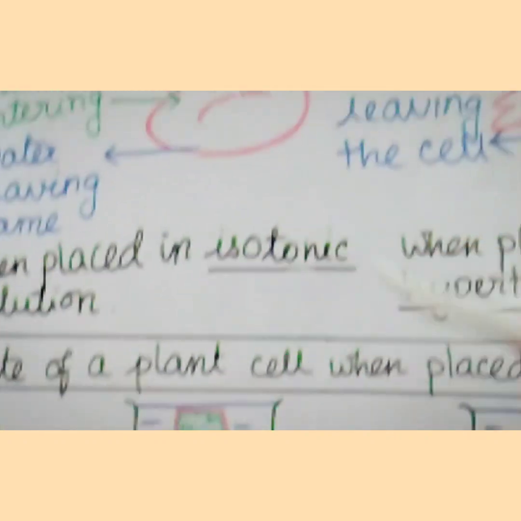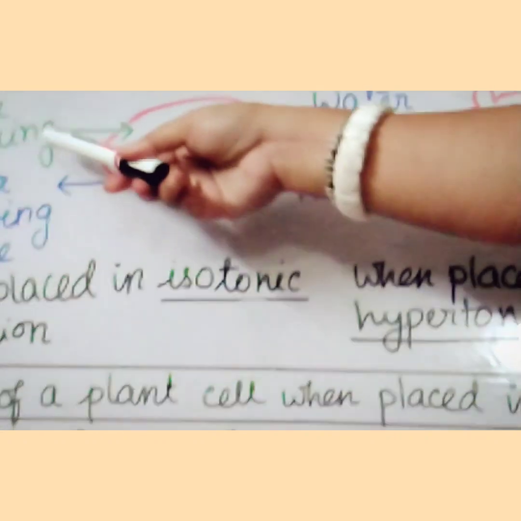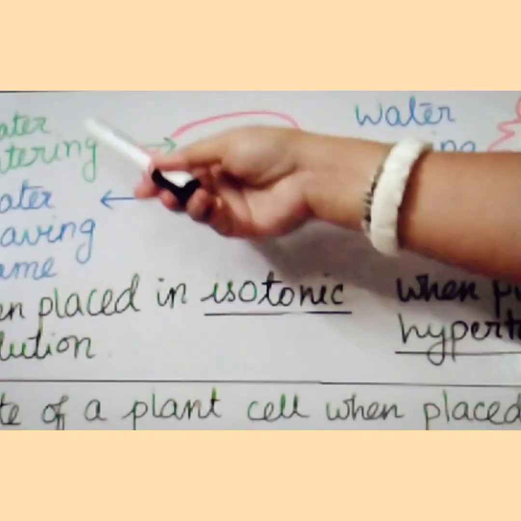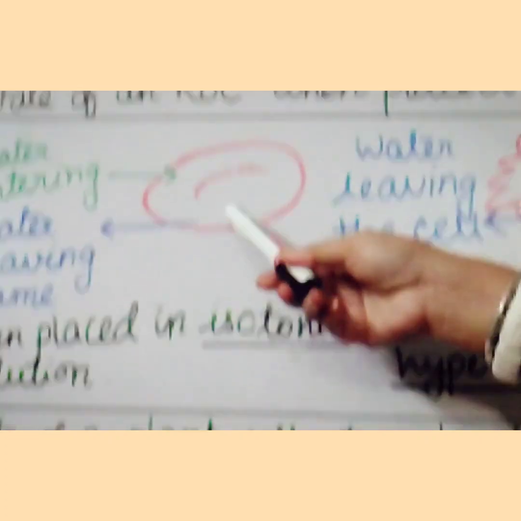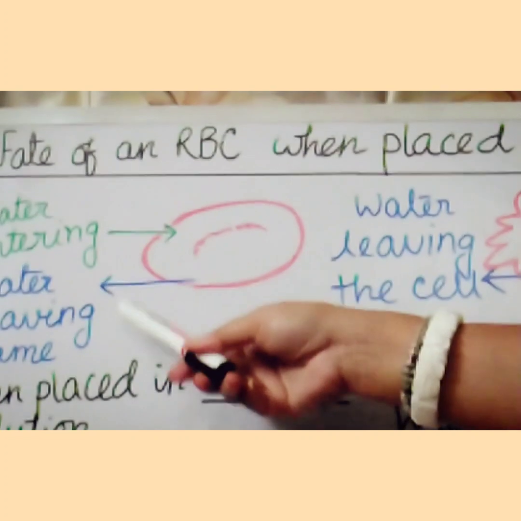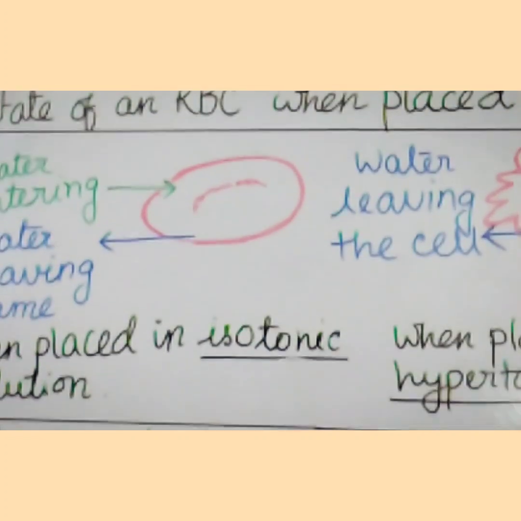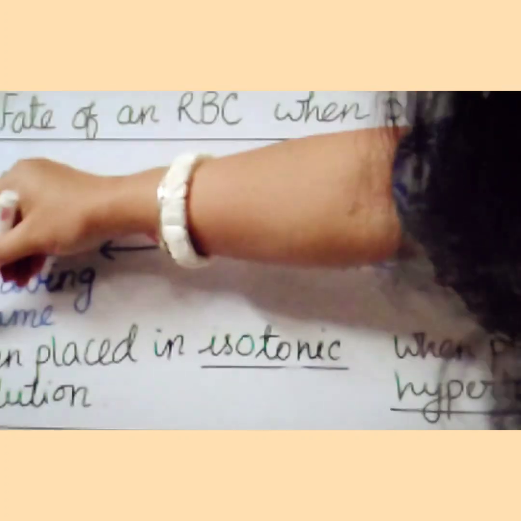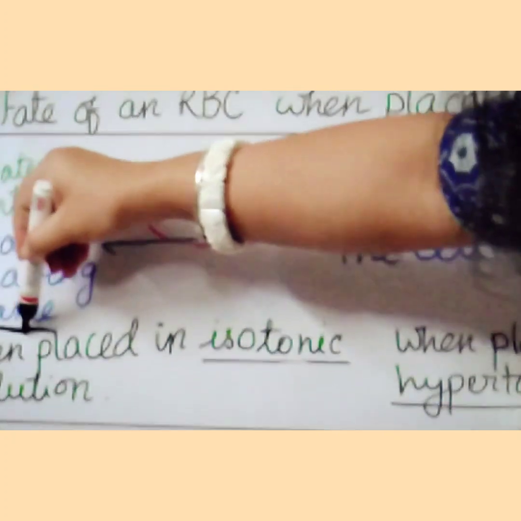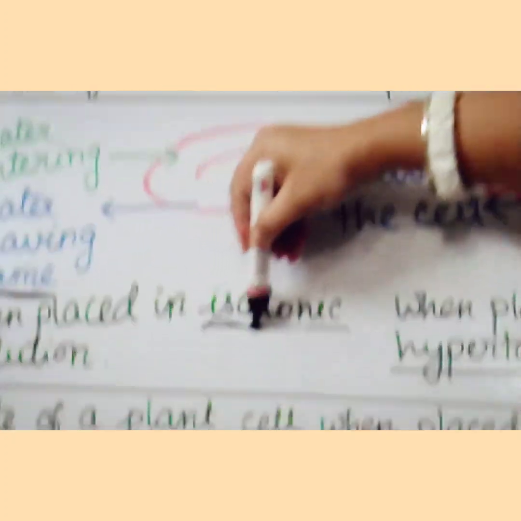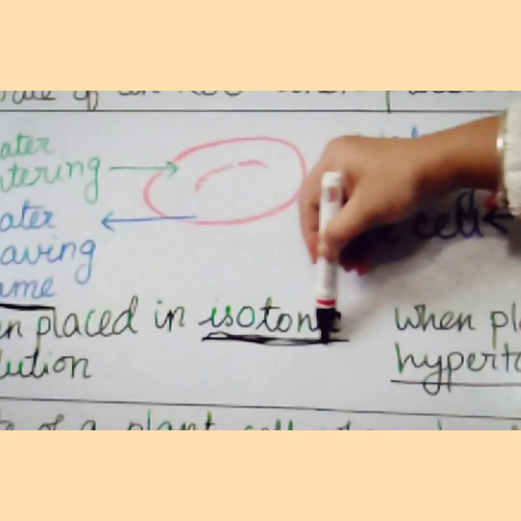Then what will happen with this type of cell? The amount of water entering the cell and the amount of water going outside of the cell is equal, the same. See, I have shown it here. That's why it is known as isotonic solution. Isotonic means same.